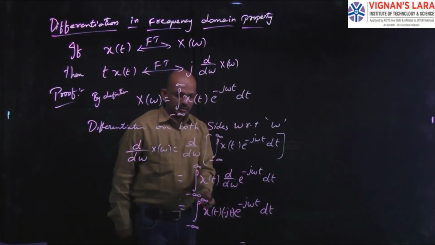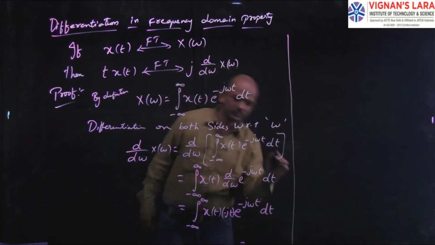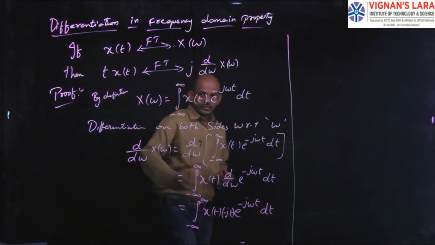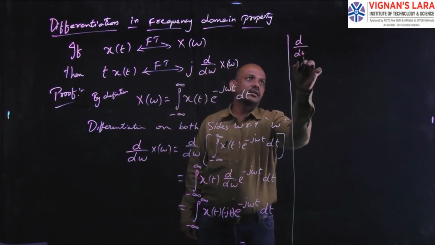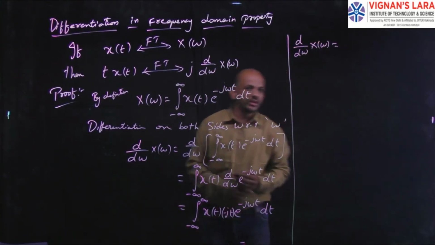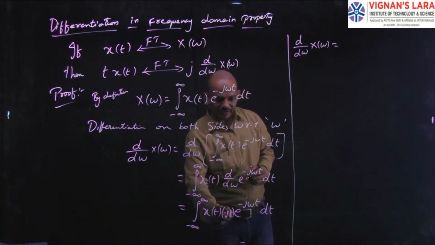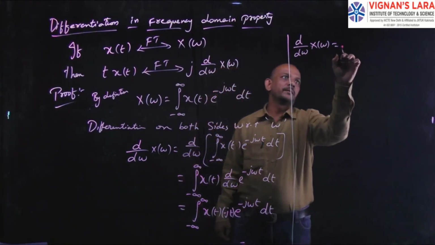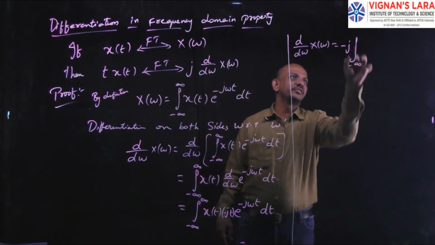Okay, now see, d by d omega of x of omega will be equal to, see, I am taking a minus j outside, so minus j integral minus infinity to plus infinity.